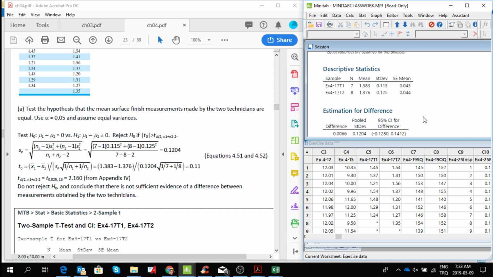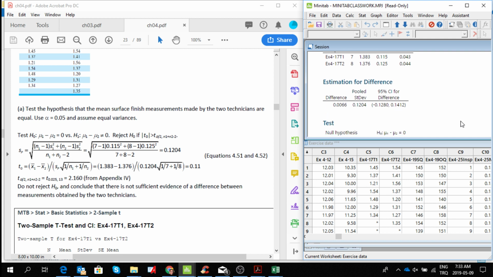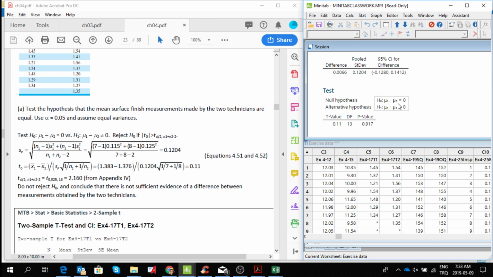Then we look at the descriptive statistics, the standard deviations for each sample, and the means, and the difference. The pooled standard deviation is given, the 95% confidence interval is given up here, and also the test hypothesis is here. T value is 0.11 as we found here, the degrees of freedom is 13, and the p-value is 0.9117, and alpha is 0.05.